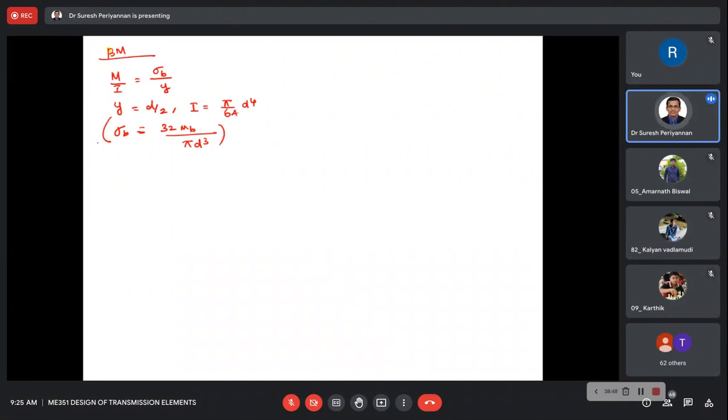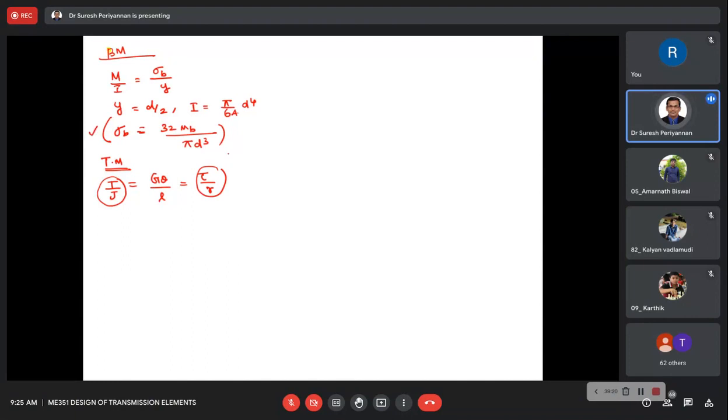Similarly, with respect to torsional moment, the design of the shaft can be defined. What is the torsional moment equation? T by J is equal to G theta by L is equal to tau by R, right? Take these two relations. Now we are discussing only bending stress and shear stress.